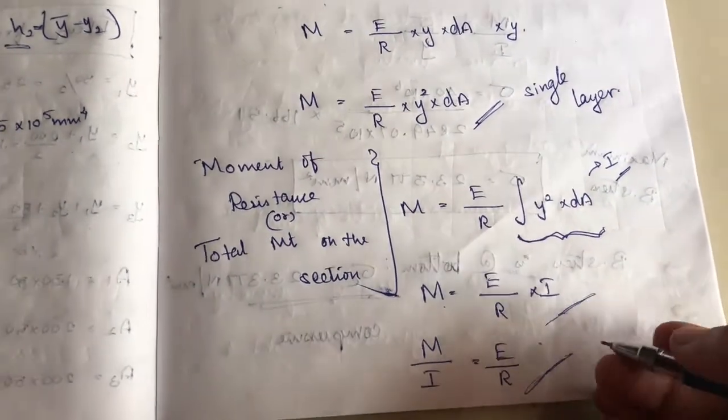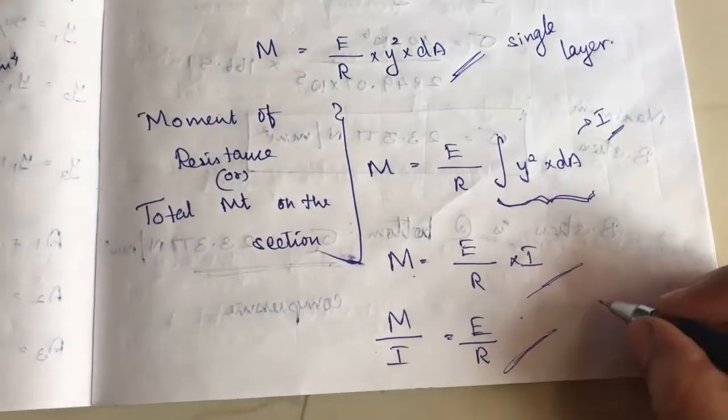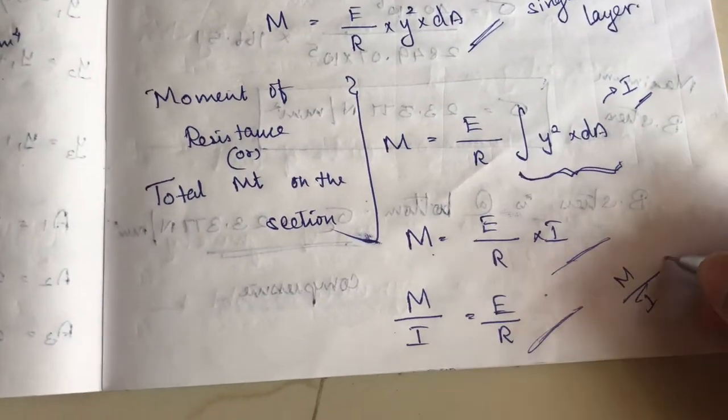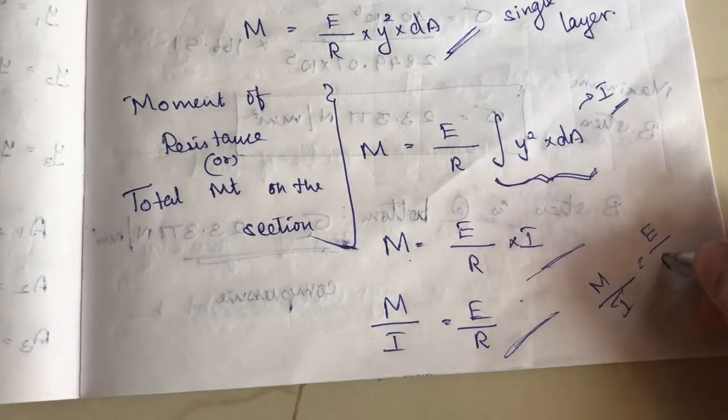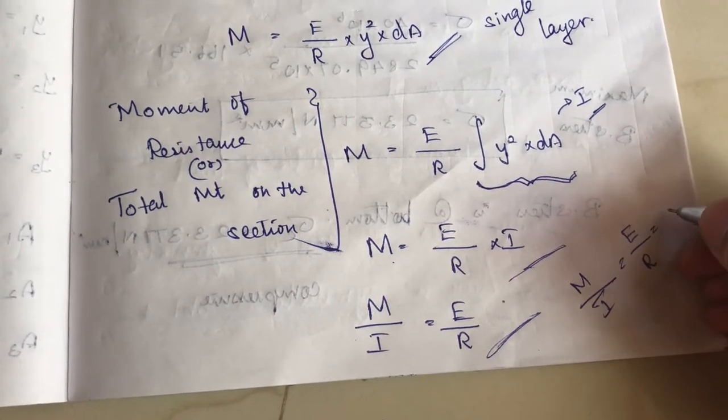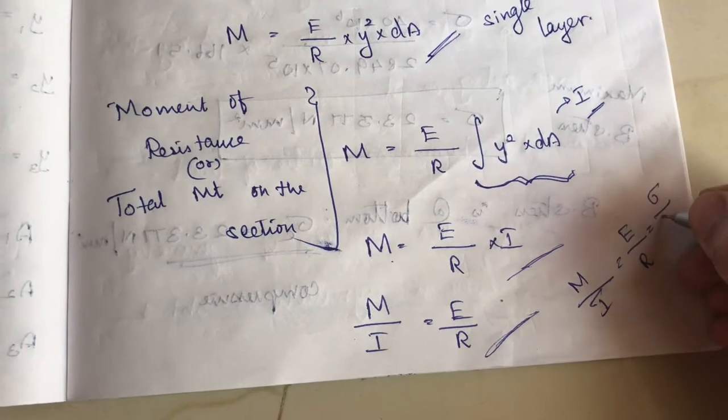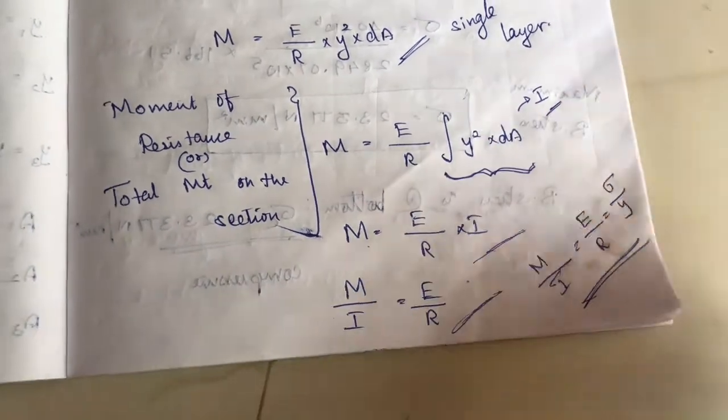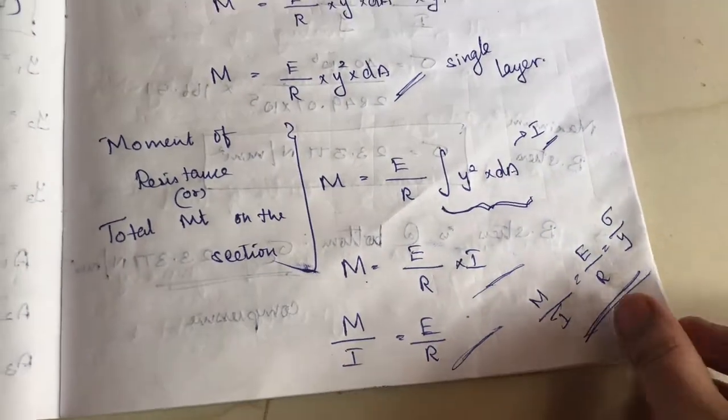We know that M by I is equal to E by R is equal to sigma by Y. So this is the relation. Okay, this is the simple bending equation.